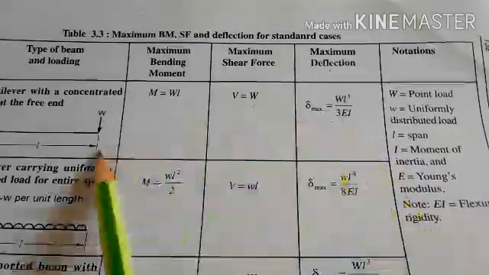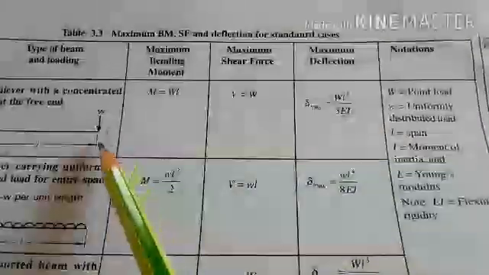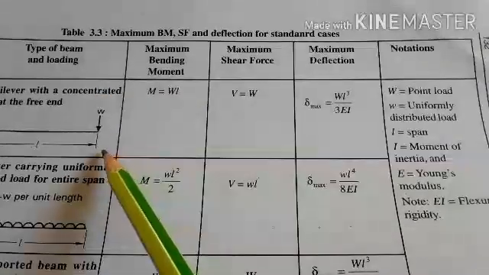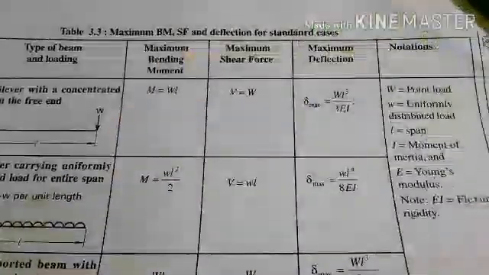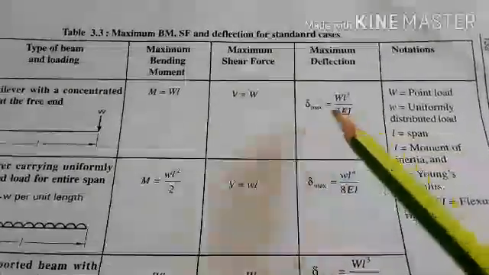So you have to remember all these cases when you are designing a beam. You have to know all the cases. Depending upon the case given in the problem, if a cantilever beam with concentrated load is given, then you have to take this as the maximum deflection formula.